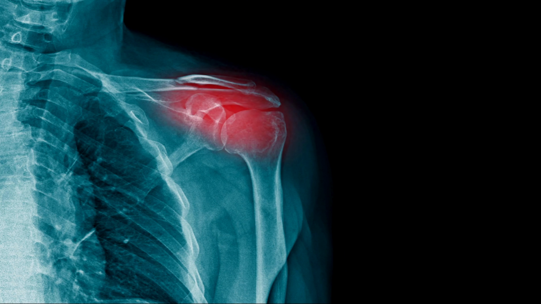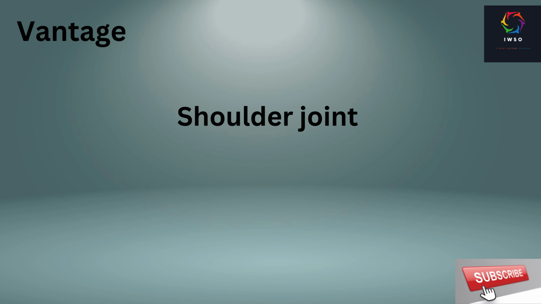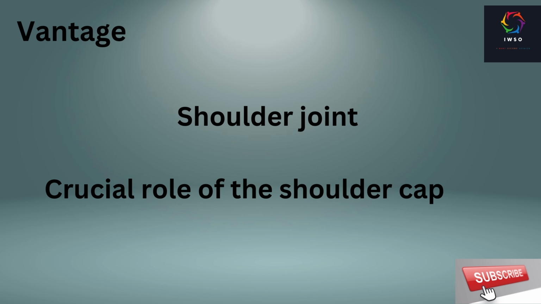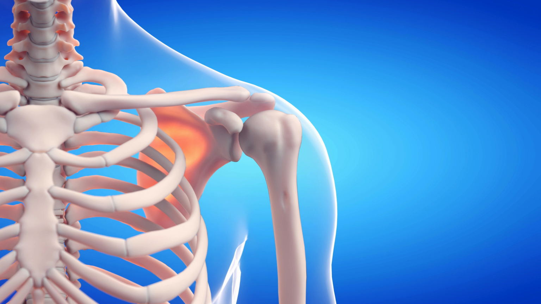Let's look into the anatomy of the shoulder. As we embark on this journey, let's start with the basics, the anatomy of the shoulder joint. Picture these 3 crucial bones: the upper arm or the humerus, the shoulder blade or the scapula, and the collar bone or the clavicle.